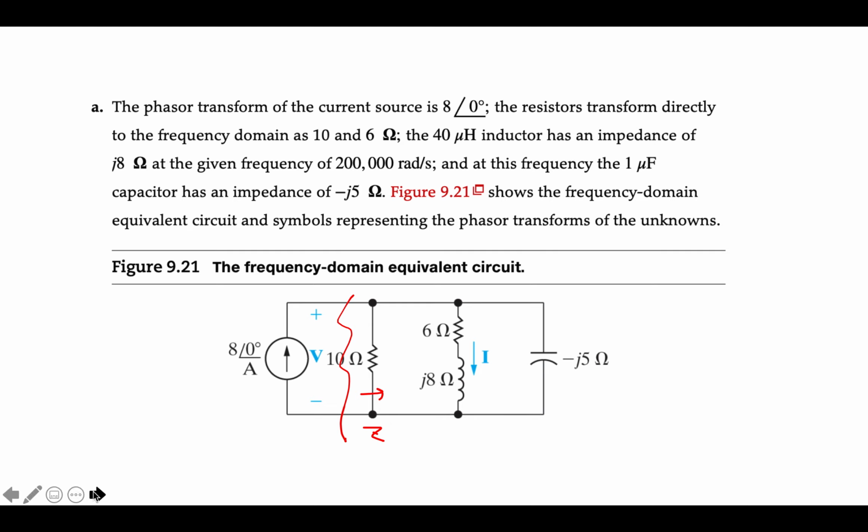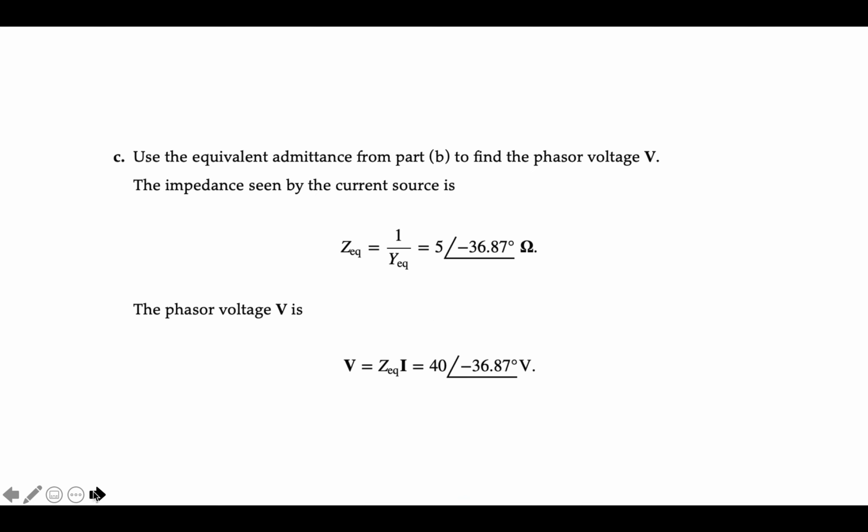And once again, you cannot mix phasors and cosine functions. You can't mix time and frequency. You're either or, so if you're working in the phasor domain, everything is in the phasor domain. So here then is our voltage. We took our Z equivalent, which was right here. We multiplied that by the current, the phasor current, which was 8 angle 0, in order to get this voltage here.